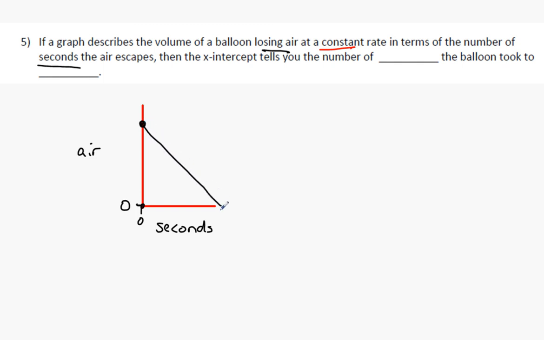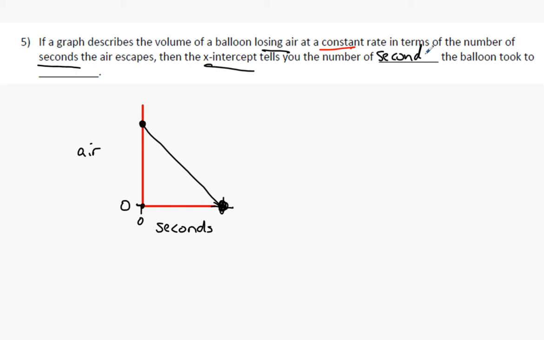It says constant rate, so it's going to be linear, and at some point it's going to stop because it's just going to run out of air. Our x-intercept is this point right here, which tells us the number of what? We're measuring seconds.